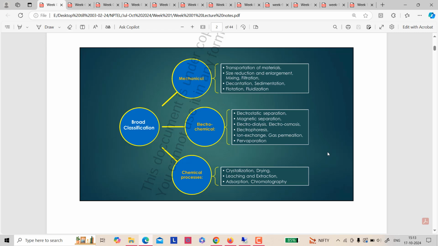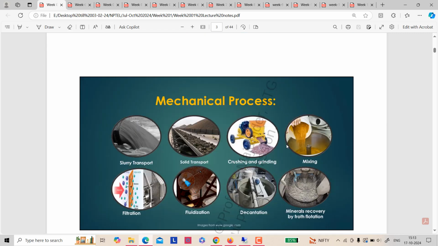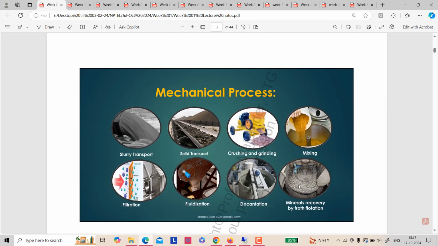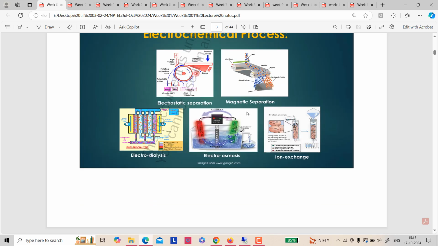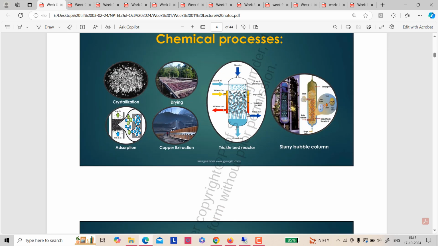And under chemical process: crystallization, drying, absorption, chromatography, etc. So these are the different methods of the mechanical process of particle separation. These are the electrochemical processes. And finally, these are the chemical processes of different types, crystallization, adsorption, extraction, drying, etc.